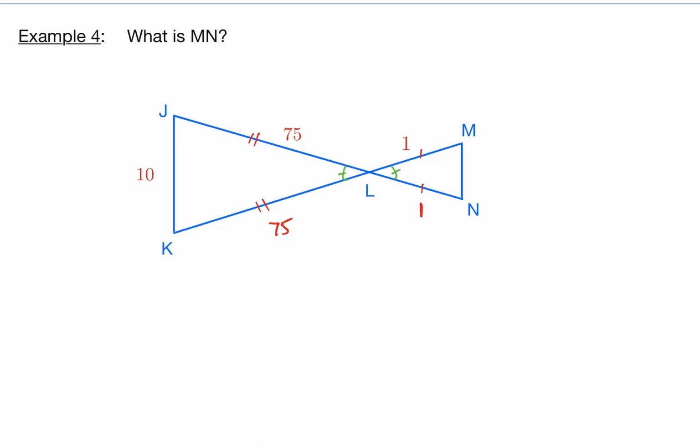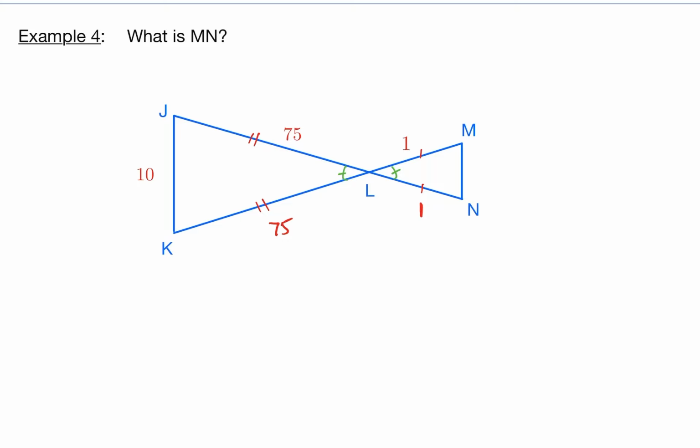Now the ratio of this side, 1 to 75, is the same as the ratio of 1 to 75. And since those ratios are the same, then we would say that triangle JKL is similar to this triangle LMN. So now that we've established the fact that both of those triangles are similar, we can use that fact to solve for MN.